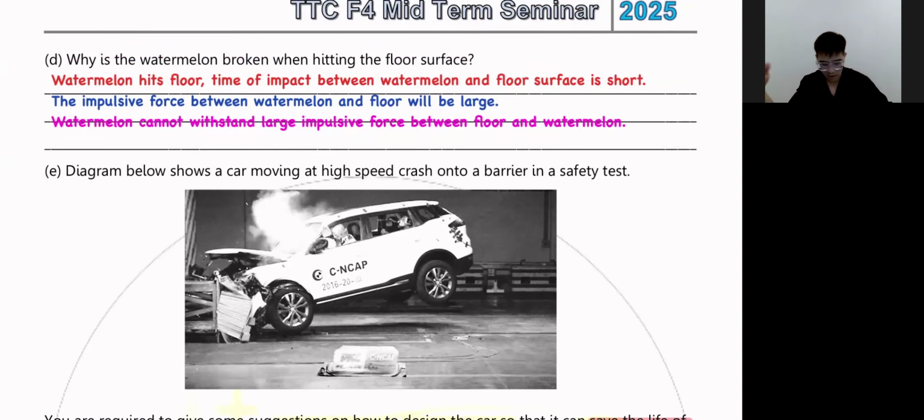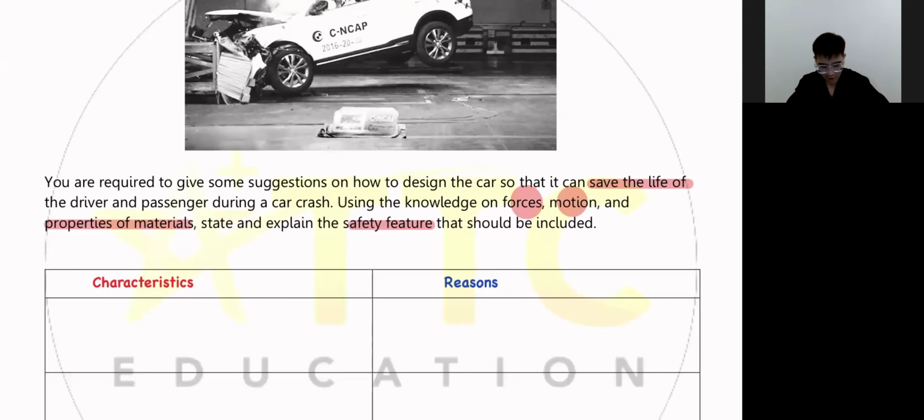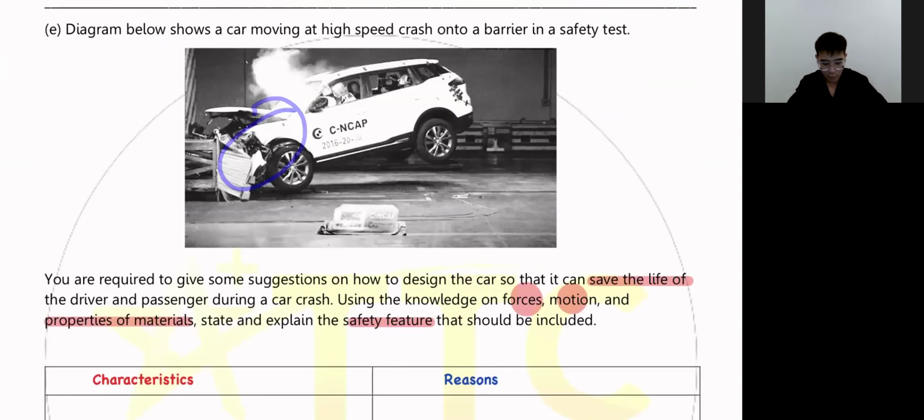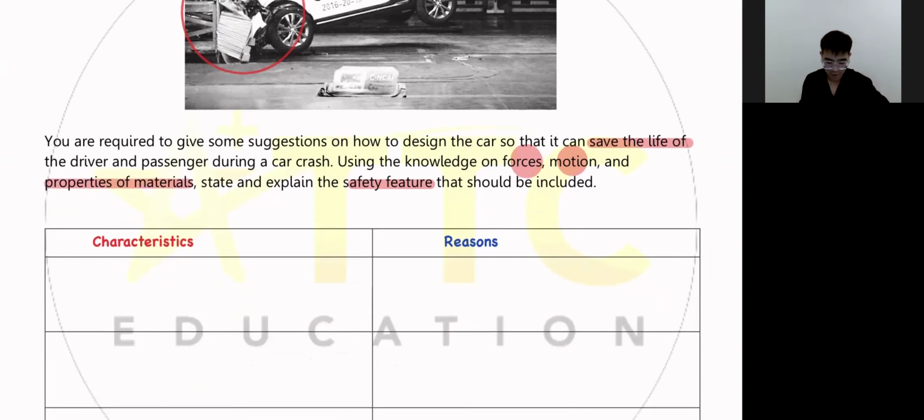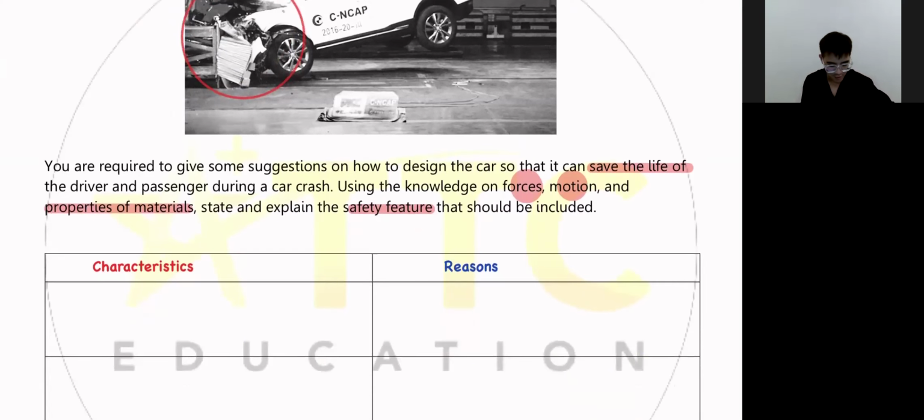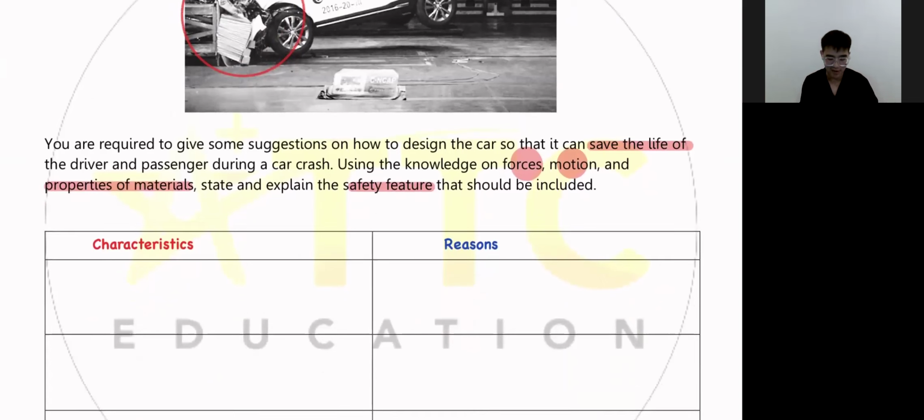Now, for the front part of the car, this part, remember this part? What do you call this part? We call it the soft crumple zone. Now, this crumple zone has to be soft. Remember or not? I said they will purposely make this part of the car more soft. So it's called the crumple zone. So you can write soft crumple zone at the front and at the back of the car.